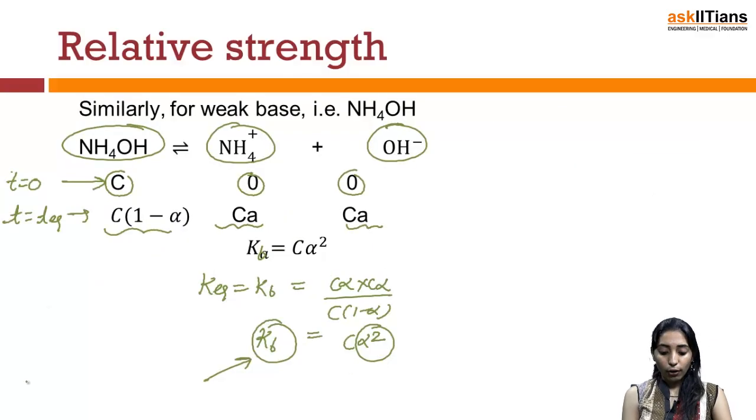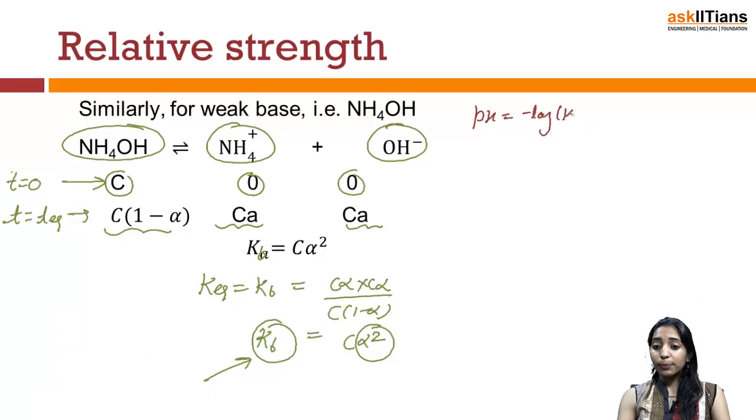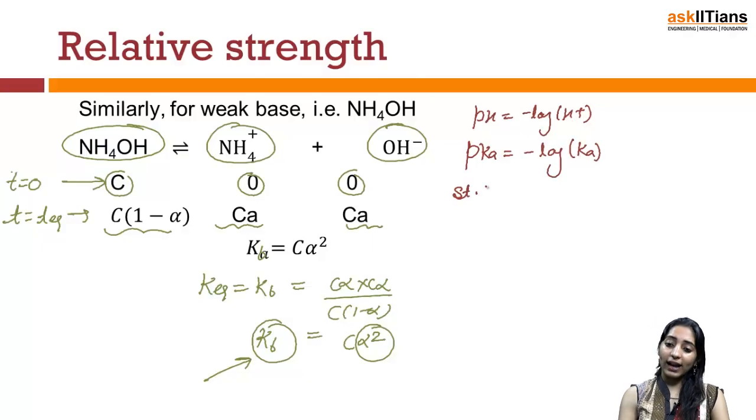If I consider all these three things one by one, pH is minus log of H positive, so if the H positive concentration is high, the pH will be low because pH is a negative logarithm. Similarly, for pKa as minus log of Ka, if you have a strong acid, that means the degree of dissociation will be more.